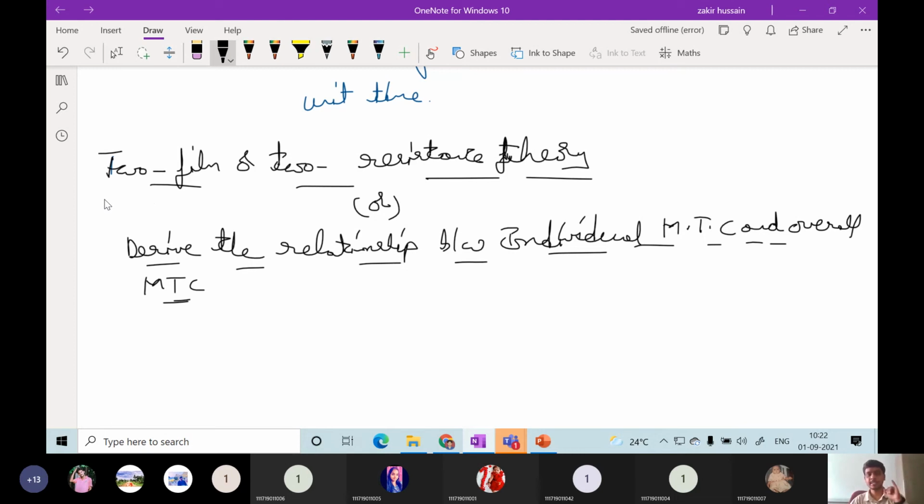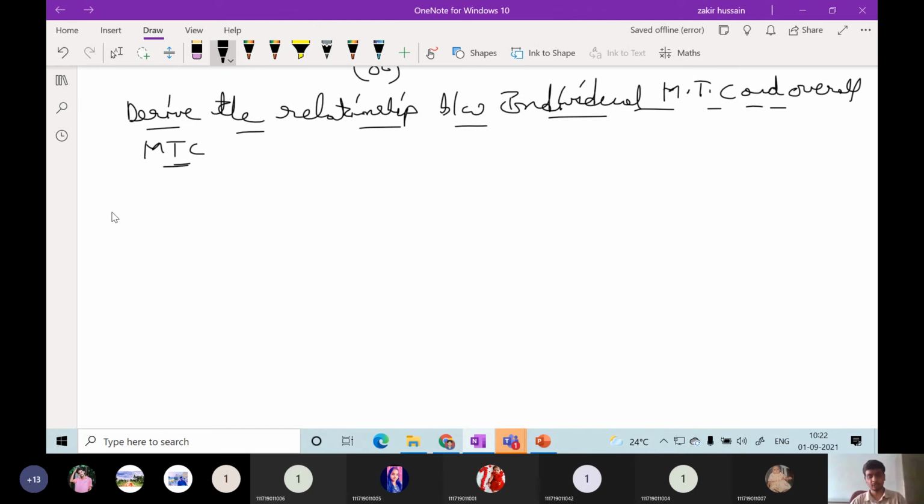One is to explain or derive the mass transfer coefficient for the 2 resistance theory, or for the 2 film theory. The next possibility is to derive the relationship between individual and overall mass transfer coefficient. The solution is the same. So how to derive this?